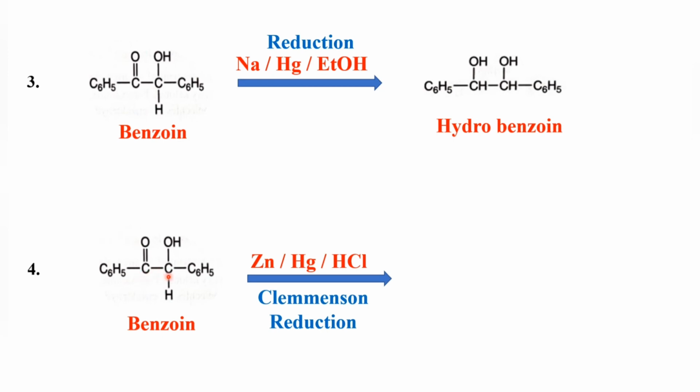So here one H, here one H. What we are getting is stilbene. So if you use tin and HCl, the product is desoxybenzoin. If you use sodium, mercury and ethyl alcohol, the product is hydrobenzoin. If it is a Clemmensen reduction with amalgamated zinc and HCl, we get stilbene as the product.